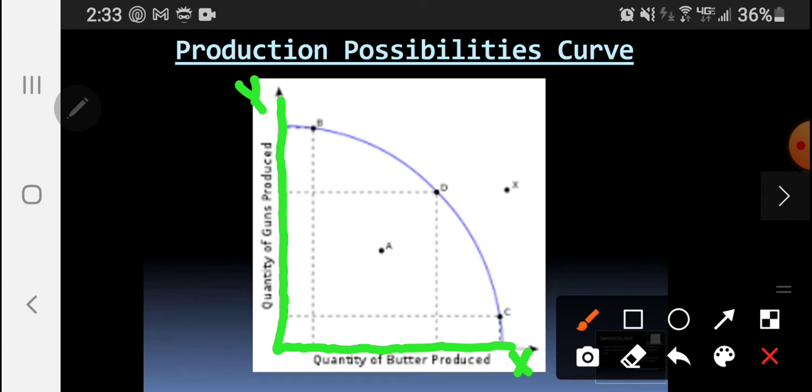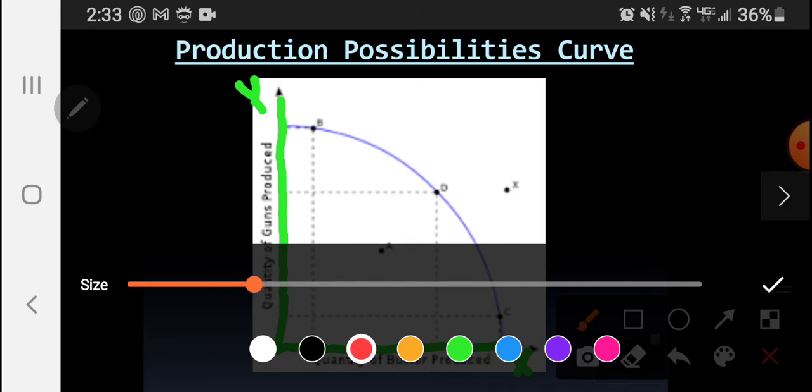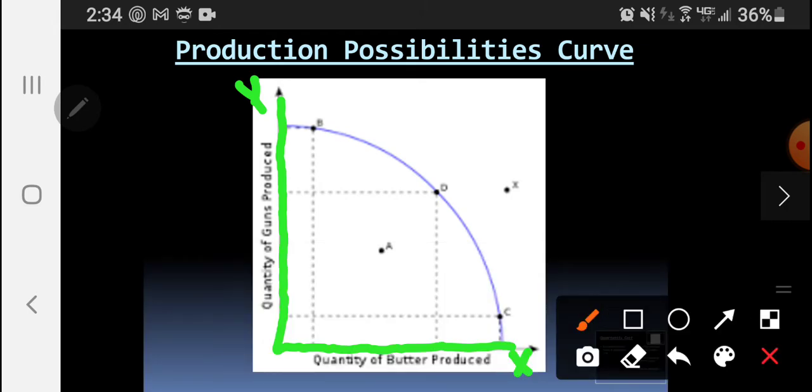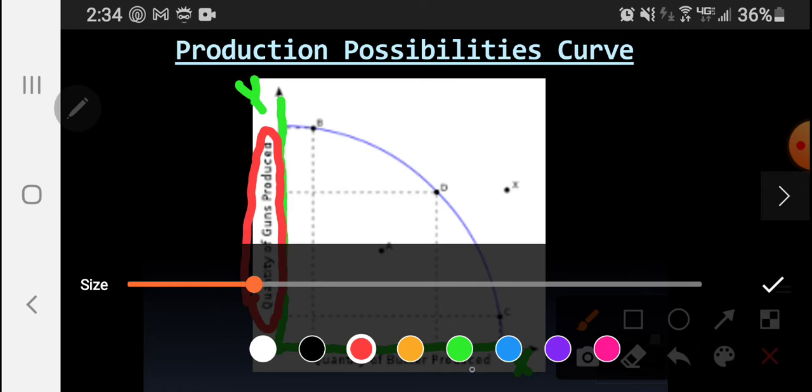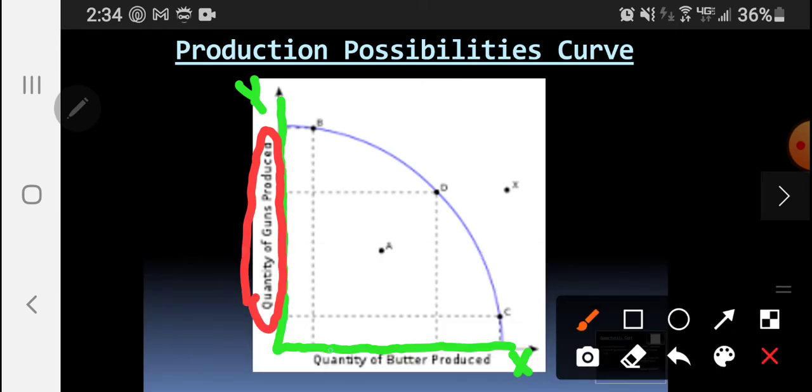Because we're measuring what are we measuring? We're looking at the amount of guns that can be produced, and that's on the y-axis here, versus the amount of butter that can be produced, and that's on the x-axis down here.